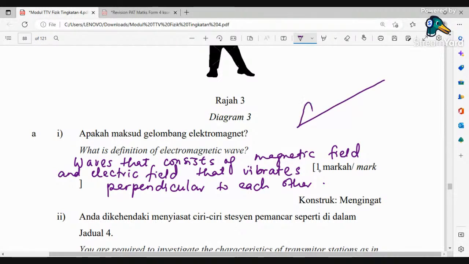If this one is vertical, let's say the electric field, it will have the horizontal part.